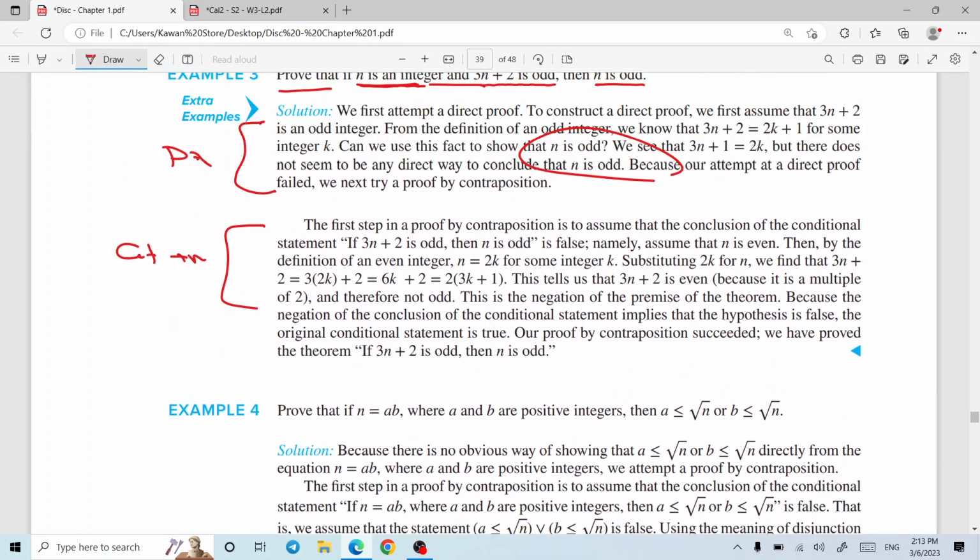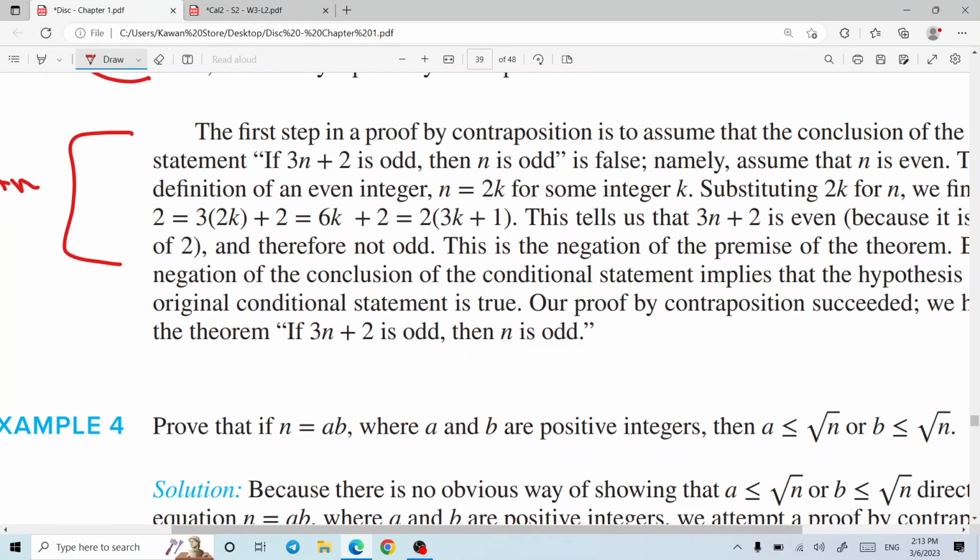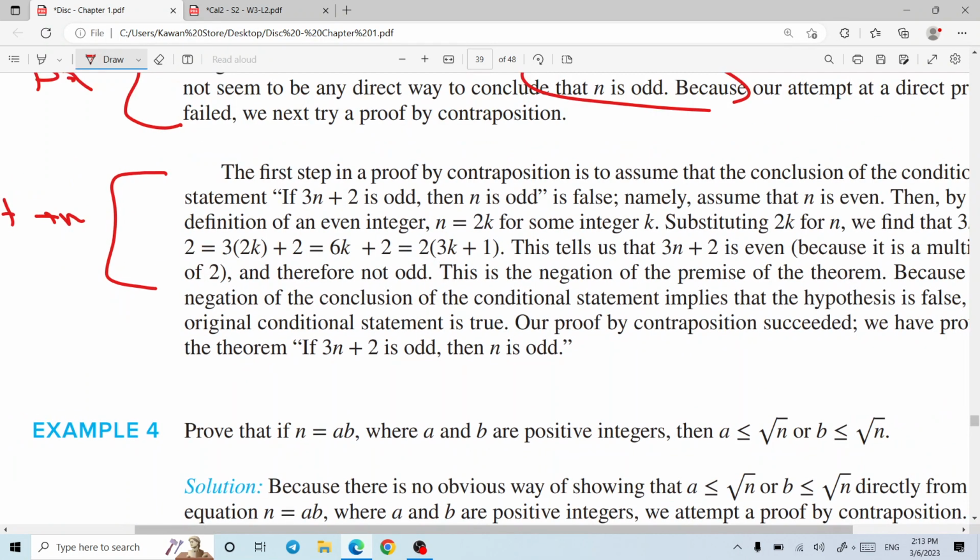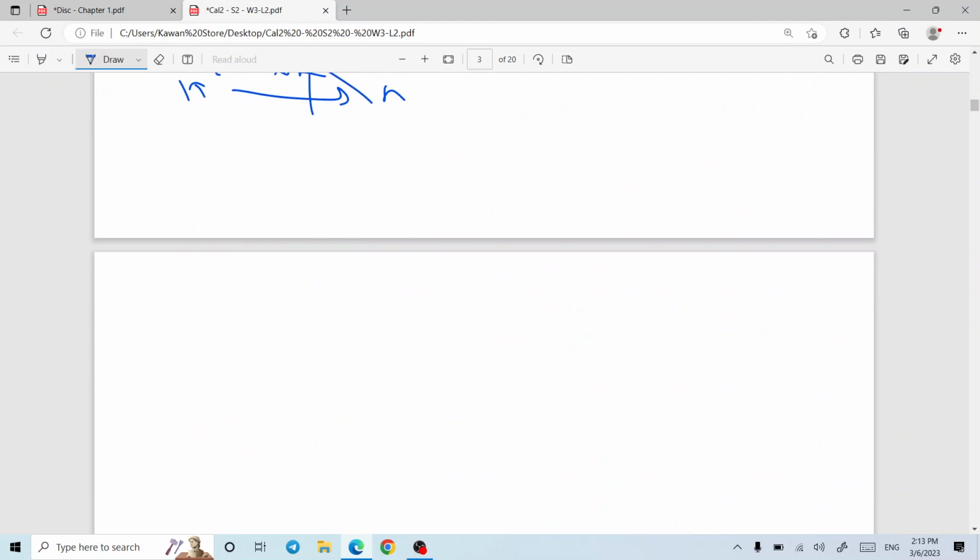Now, we have another one. Prove: n equals AB, another theorem. Then show me that A is less than or equal to the square root of n, or B is less than or equal to the square root of n.